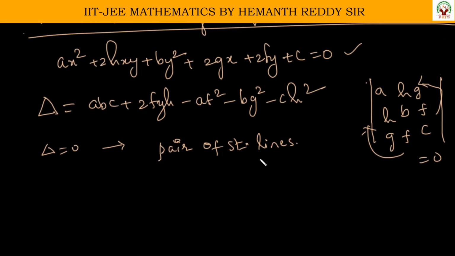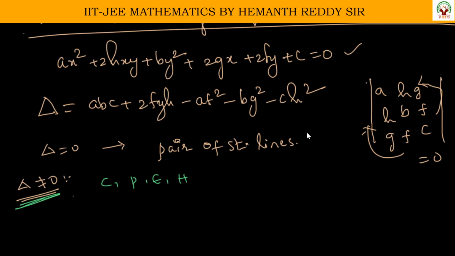Next, if delta is not equal to 0, then you have four options: either it may be a circle, parabola, ellipse or hyperbola. So what is the condition for a circle?